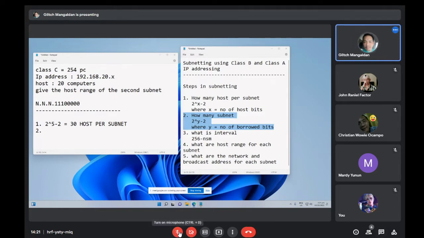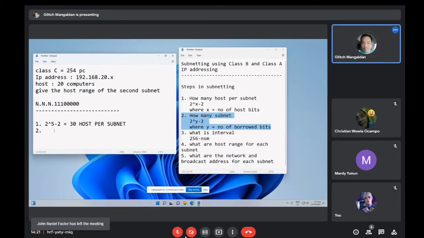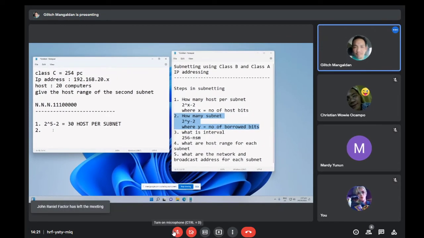What will be the answer for question number 2? Factor? John Rainier. Ako, nag-login lang yata tapos umuwi na. Ayun, left the meeting na.